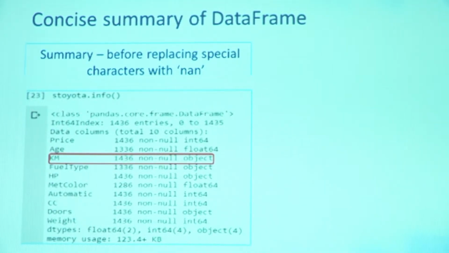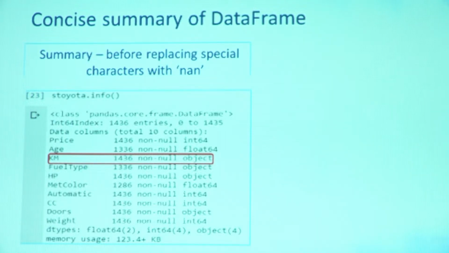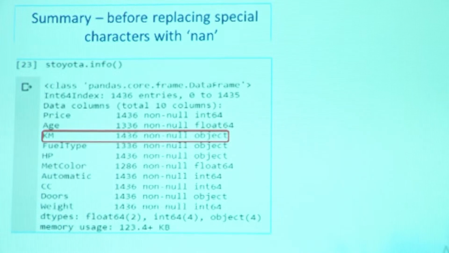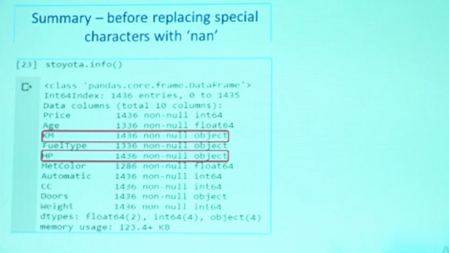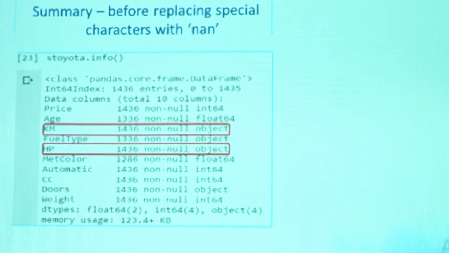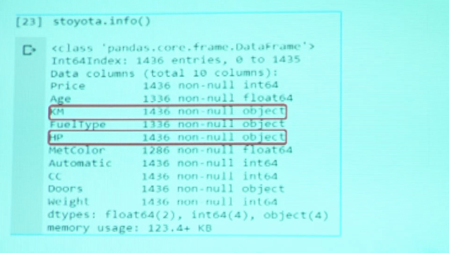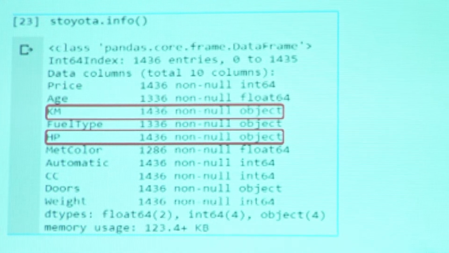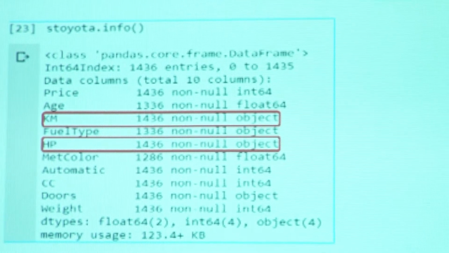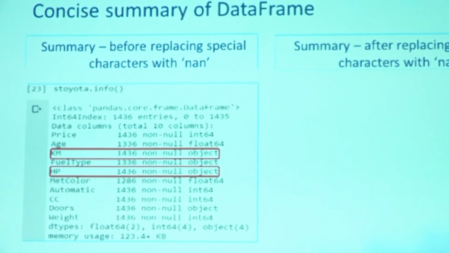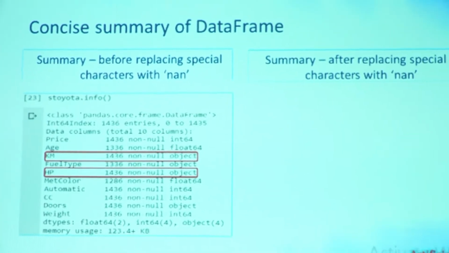Look at the kilometer column. It was showing object, but it was all filled, 1436. Look at HP, fully filled, 1436, but still an object. But why were they object? Because of special characters like question mark. Now what did you do to overcome that? You included those question marks as null values.